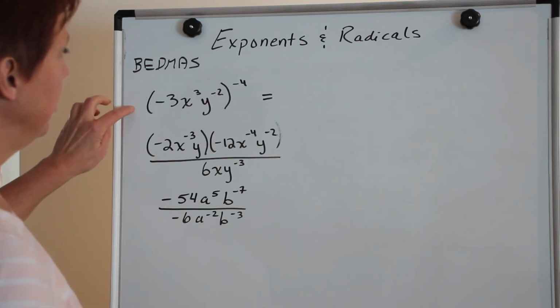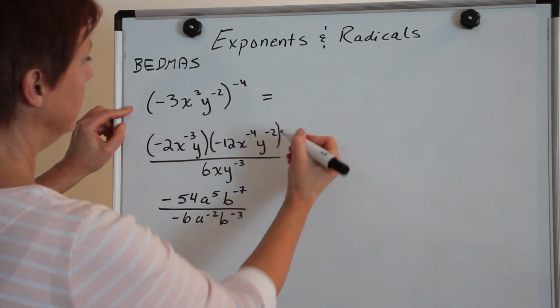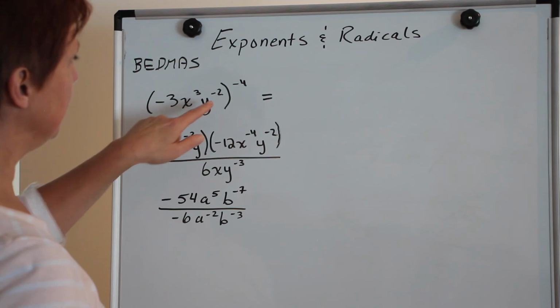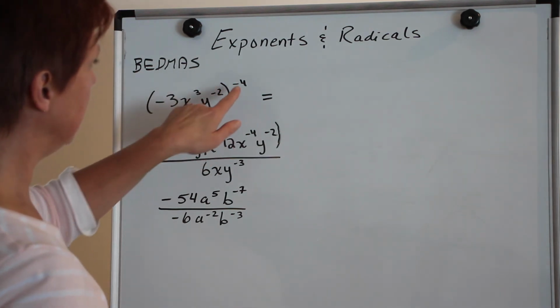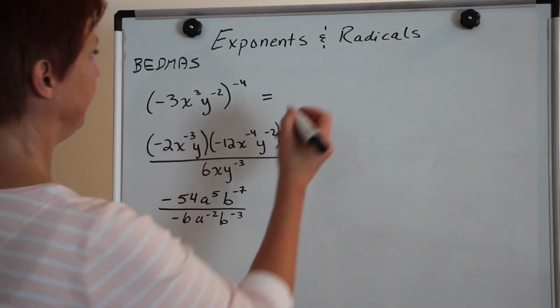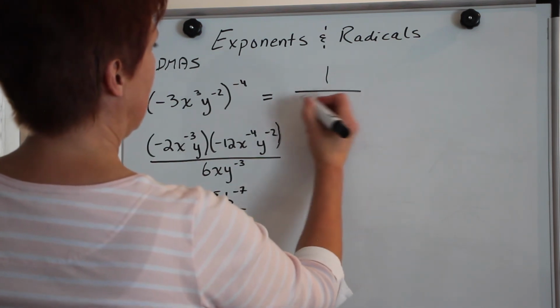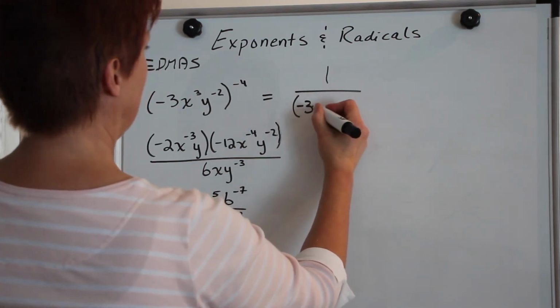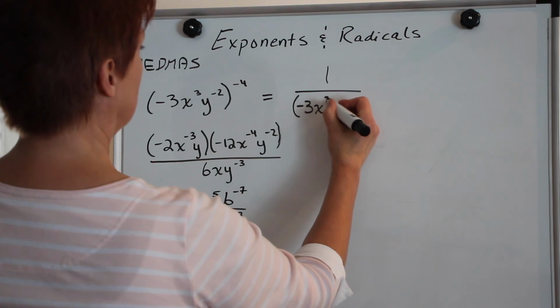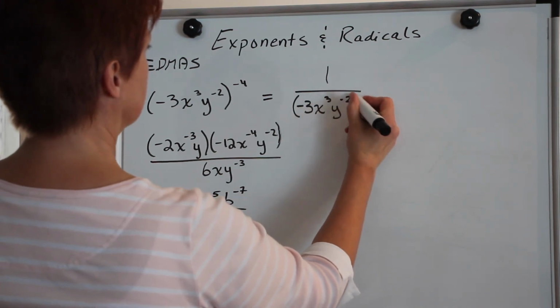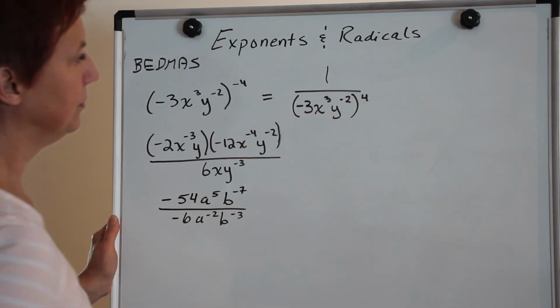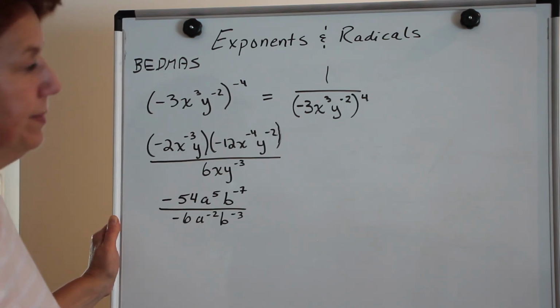Okay, so for this one, what are we going to do? Well, we're going to reciprocate this base, which is all of this, and then we're going to have a positive 4 exponent. So we absolutely must keep the brackets there. If we don't, we're going to end up with the wrong answer. All right, so that's step 1.